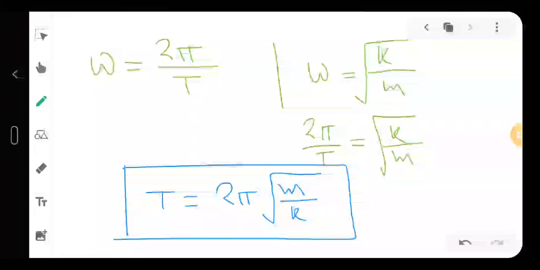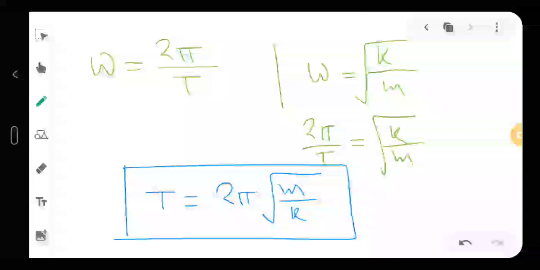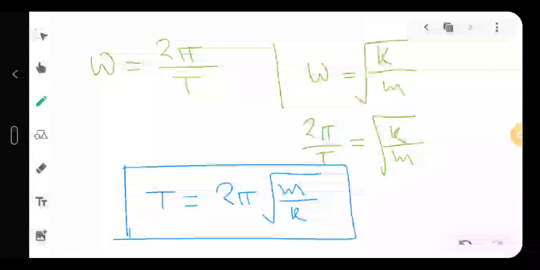not just to remember, but you can realize many things from here. You can see here that m is upside and k is downside. So if the value of k is higher, that means the restoring force is higher.